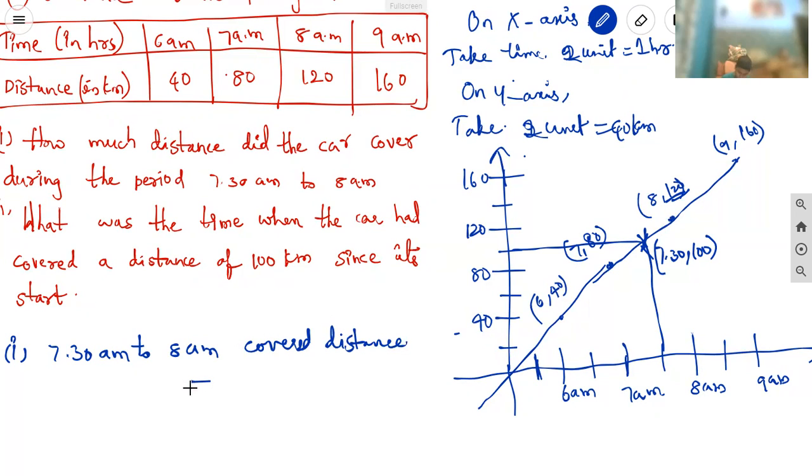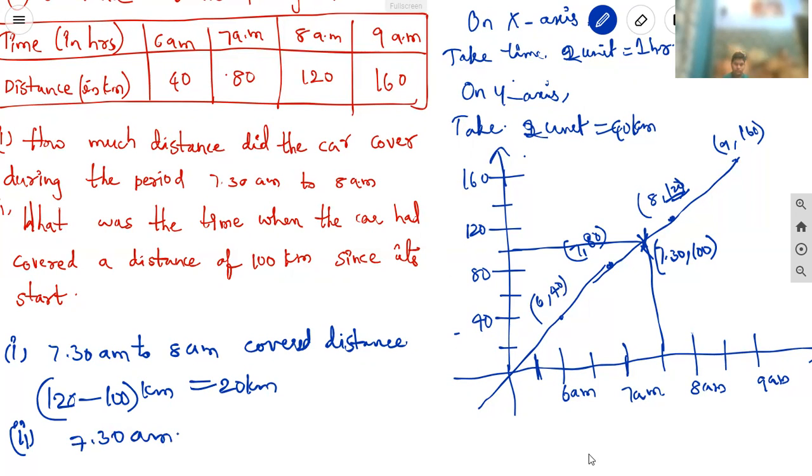How we are getting it: at 8 a.m. 120, at 7:30 a.m. 100 kilometers, then that is equal to 20 kilometers. During the period from 7:30 to 8, he covered 20 kilometers. What was the time when the car had covered a distance of 100 kilometers? That is 7:30 a.m. The time is 7:30.